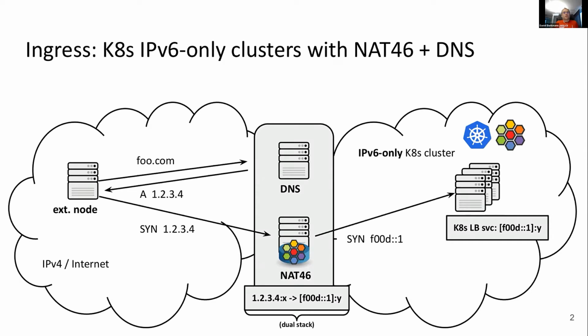In the slides that I have prepared here, I'm doing a walkthrough of how this looks feature-wise for traffic that goes into the cluster, and then the second part is covering traffic that is going out of the cluster.